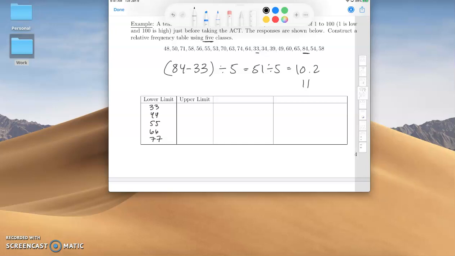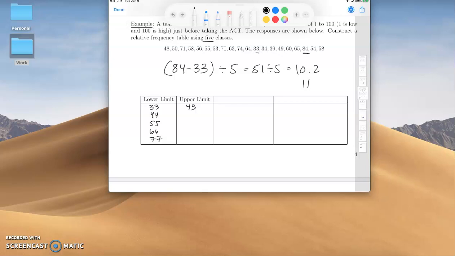In other words, we're going to say 33 plus 11 minus 1. So 33 plus 11 is 44, minus 1 is 43. Again, that's because it has to be 1 less than the lower limit of the next class, because in this case we are just dealing with integers.